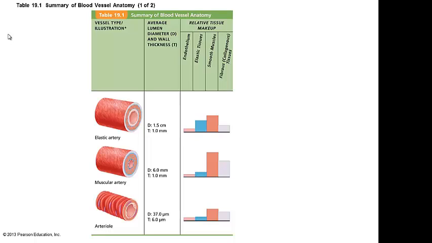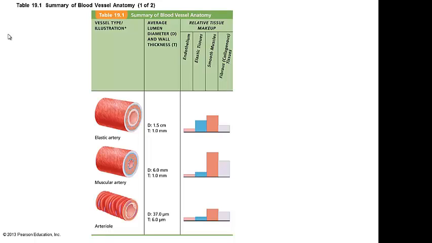So this explains some of the different types of arteries and what their differences are with respect to the tube. So we have elastic arteries. Those are the first ones. Those are the closest to what? Closest to the heart. The aorta is a good example of a nice big elastic artery. We're getting blood that's being pushed from the left ventricle.